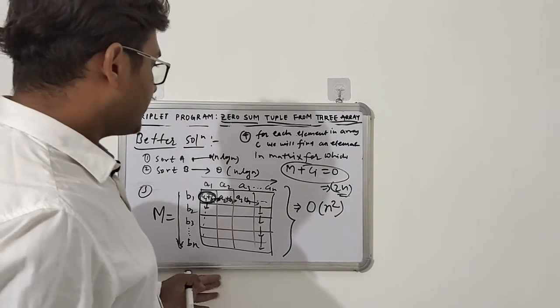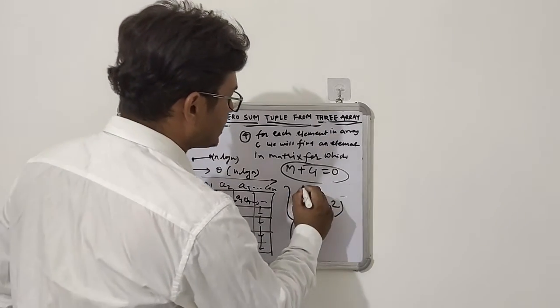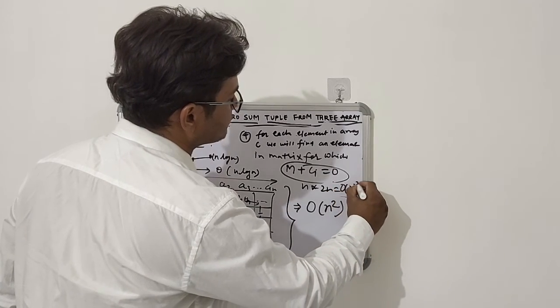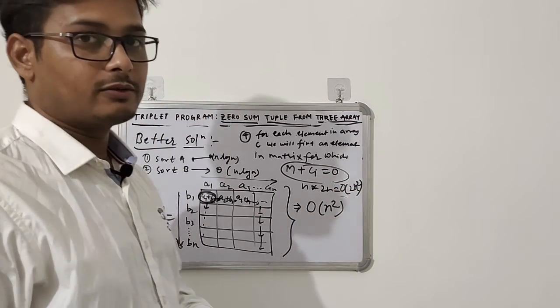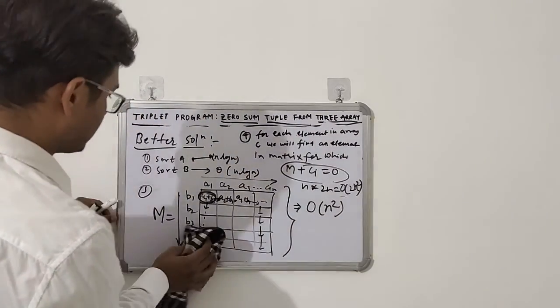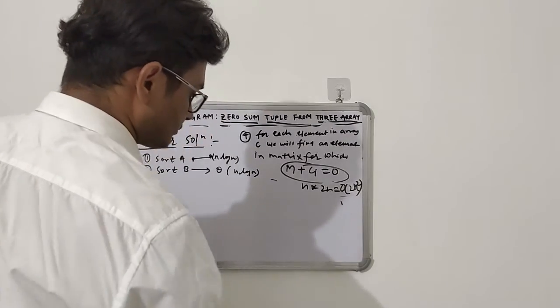So order of n time for searching for one element, then for n elements how much time? N into 2n, this will be order of 2n square. Then overall how much time will it take?